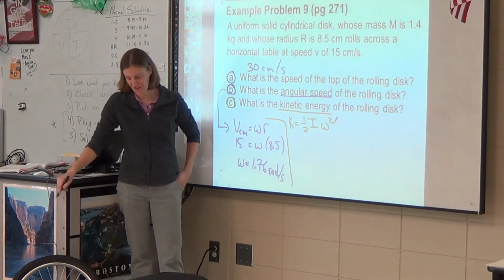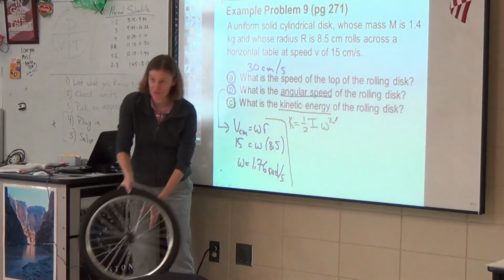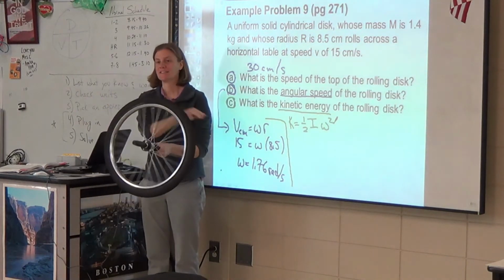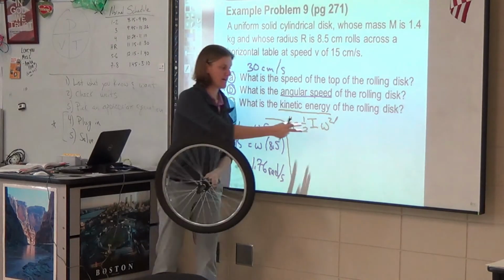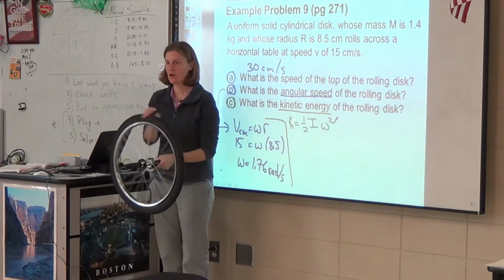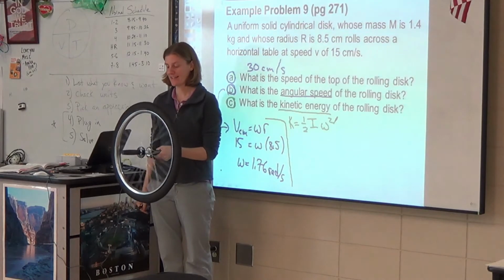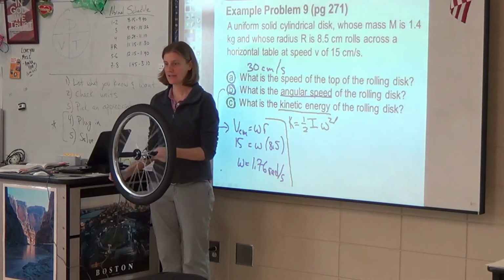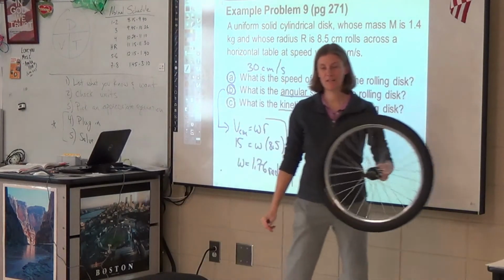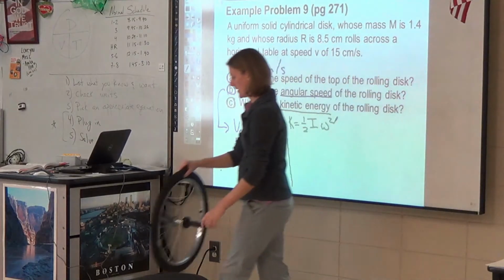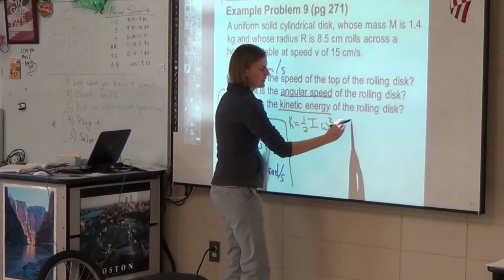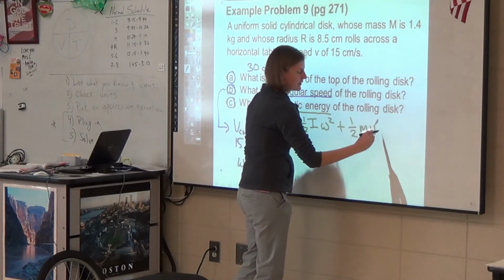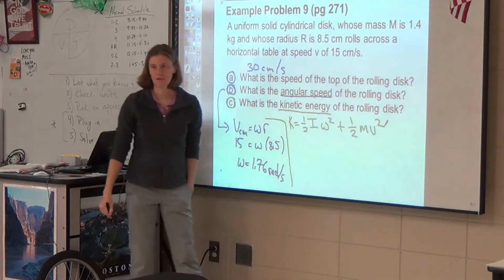Is it just spinning in place, like everything we did in chapter 11? No. This would have been fine for chapter 11, but it not only has rotational kinetic energy, it also has linear kinetic energy. So we can't forget that part too. So we also have to plug in our old favorite, 1/2 mv squared.